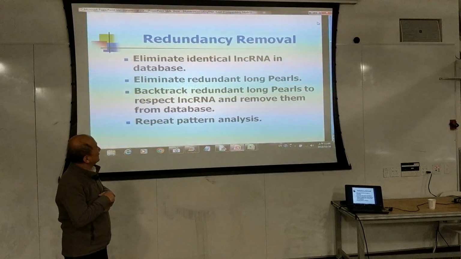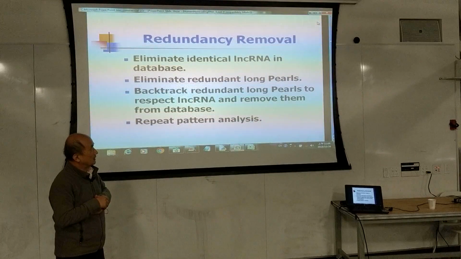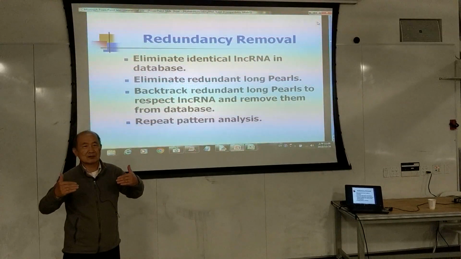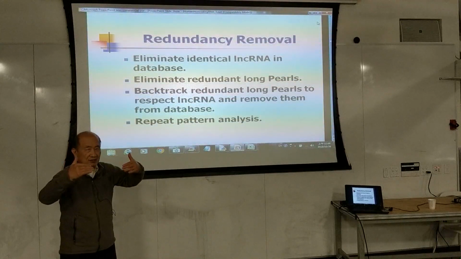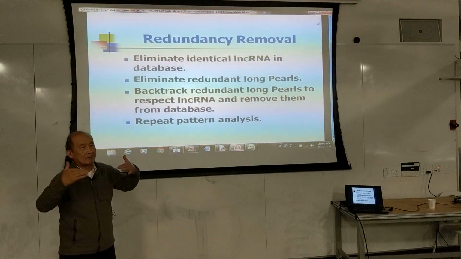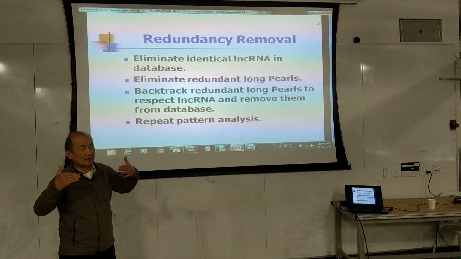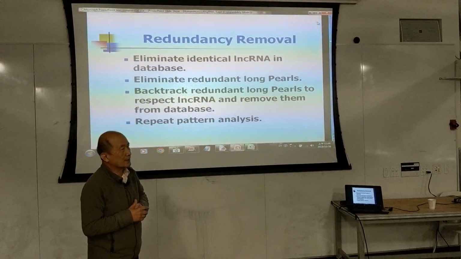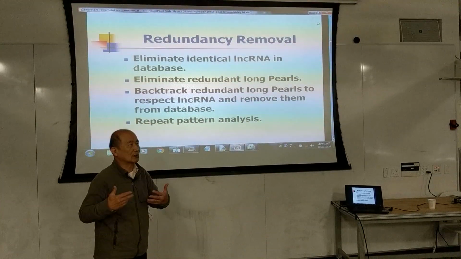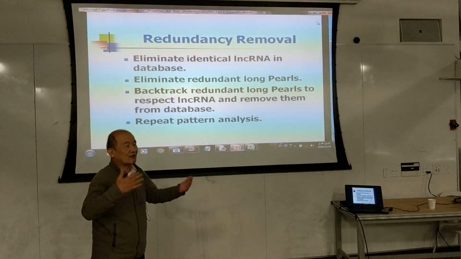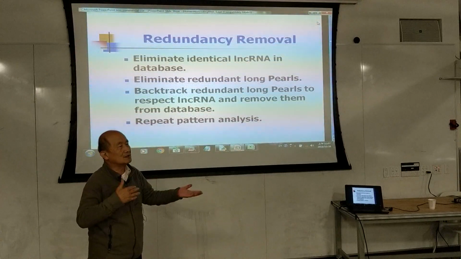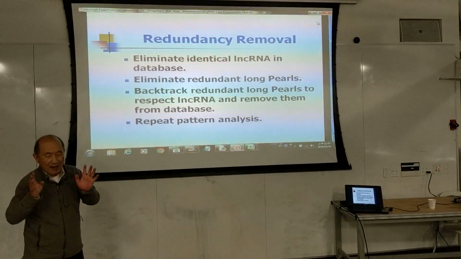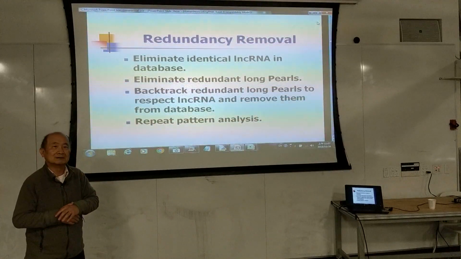When you look through these files, it's easy to see them, but because the volume is too big, you cannot go through them manually and identify the repeats and remove them. So you have to do it automatically. You have to use a computer to find all these and try to eliminate them.